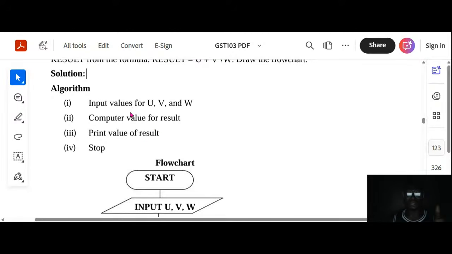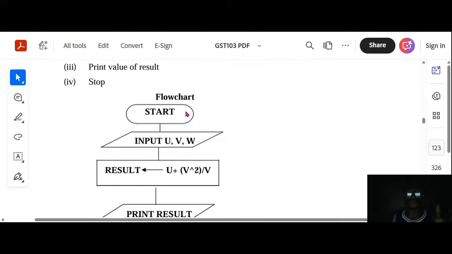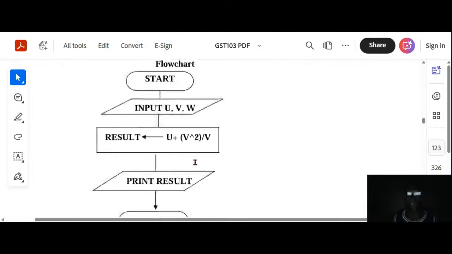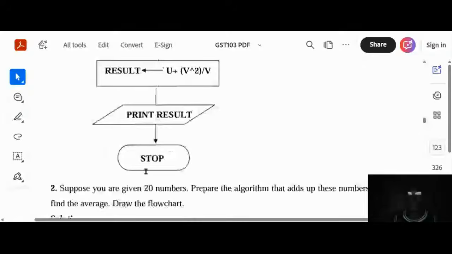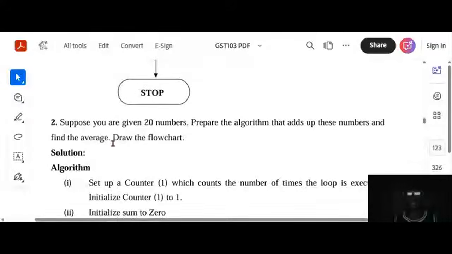Of course, you know that in between input and compute value for result, there is processing. So the flow chart for that problem, you start, input u, v, w, where all this one they won't ask you actually. And then because the exam is not drawing.